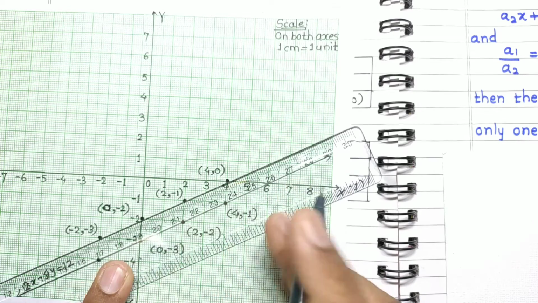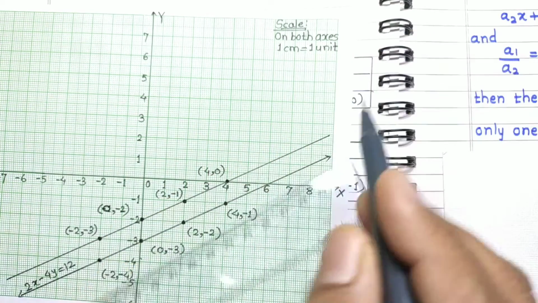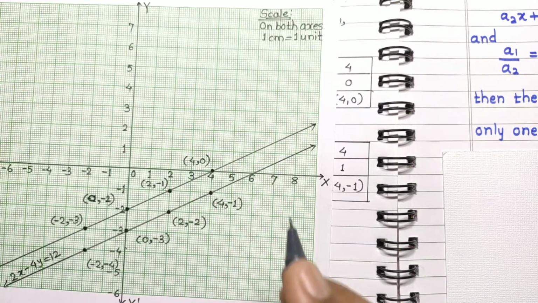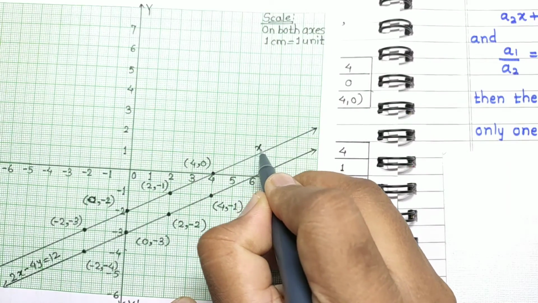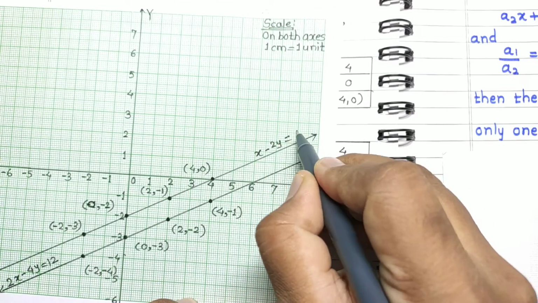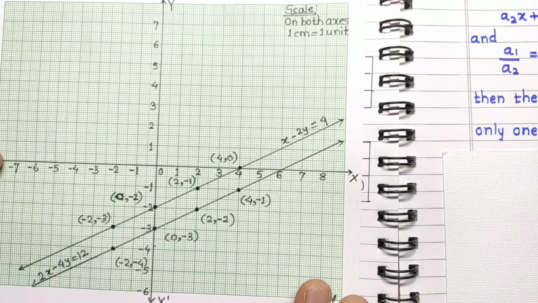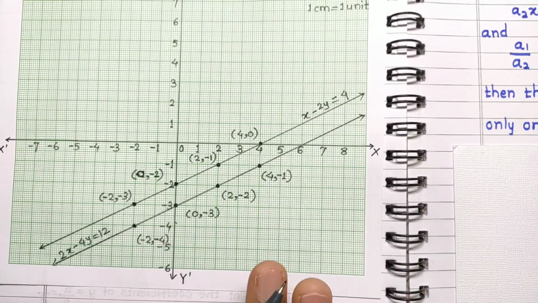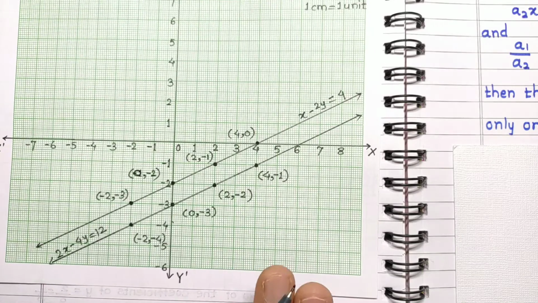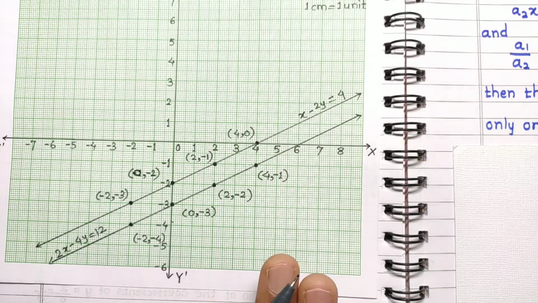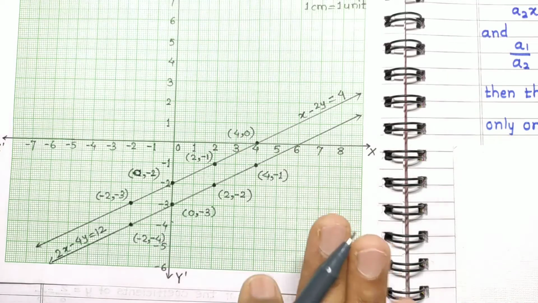So let's draw this line, and you write down equation of line here: x minus 2y is equal to 4. See, we find here that these two lines do not intersect each other. That means these two lines are parallel to each other.